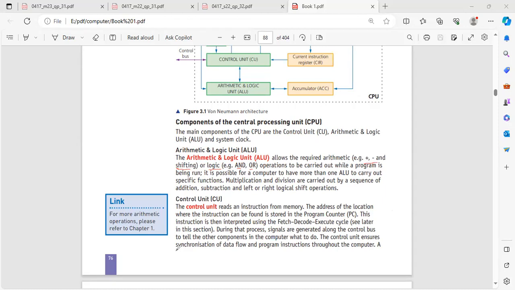Yes, synchronization means it prepares every part of the computer to perform an operation of data flow and program instructions throughout the computer.